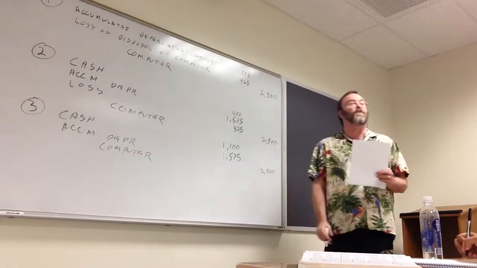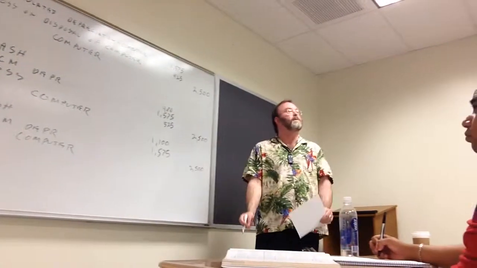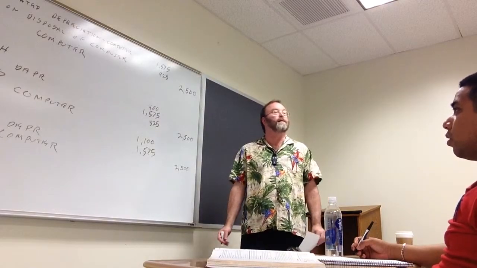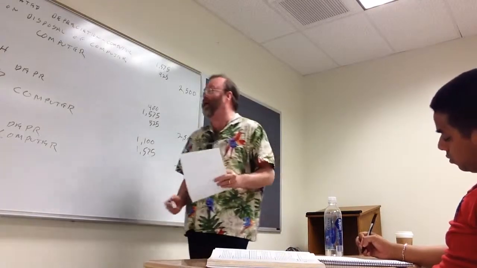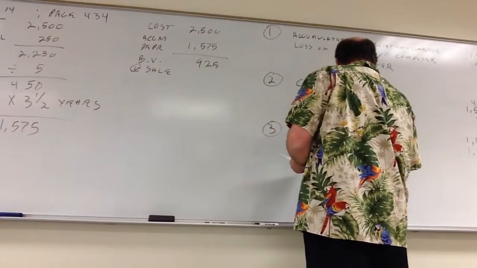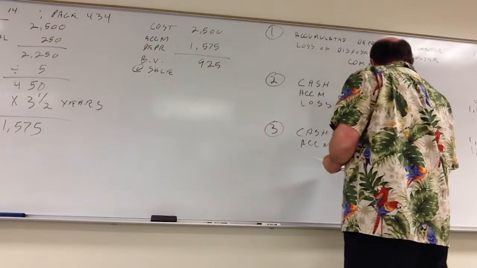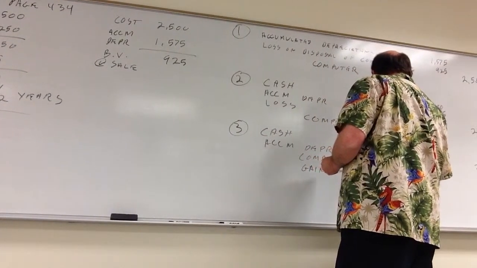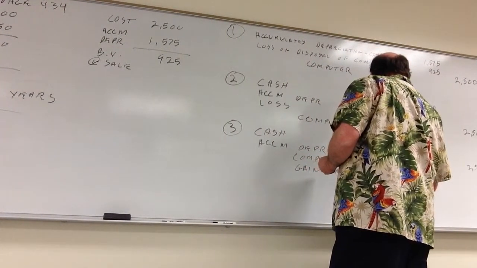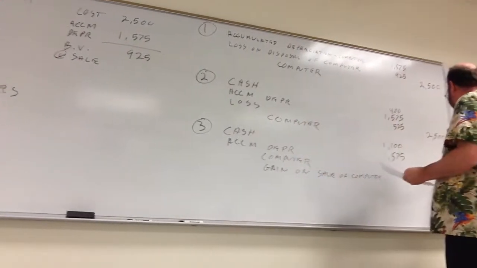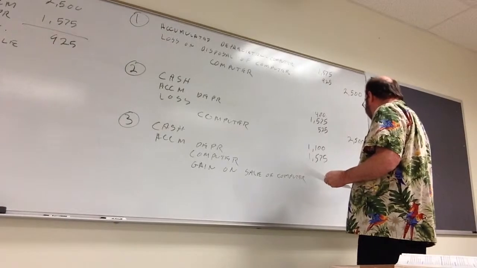So if we sell it for more than the book value, is that a good thing or a bad thing? It's a good thing, because now we have a gain on the sale of computer of $175.